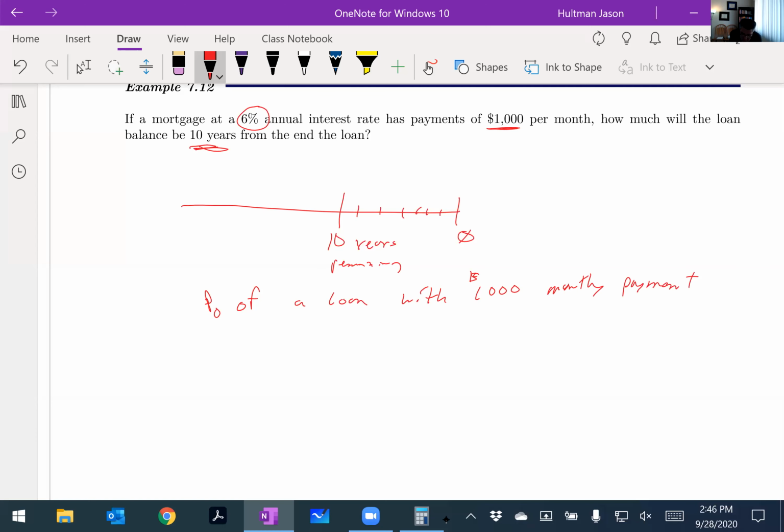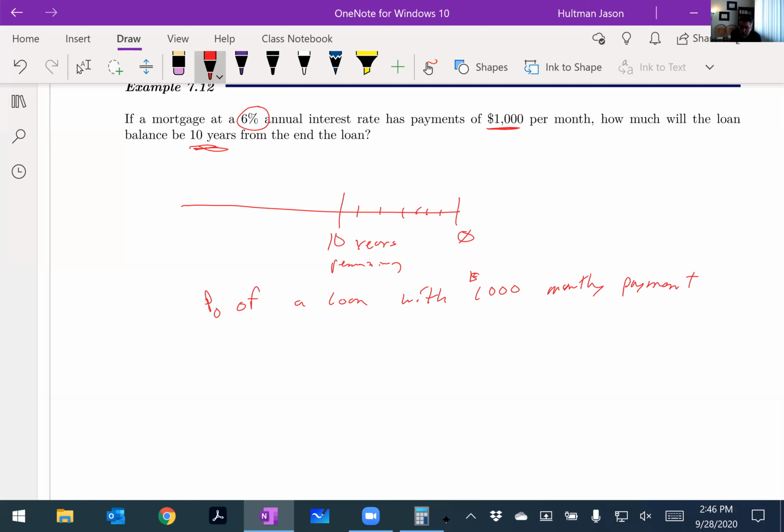We don't care how much has been paid off so far. We just want to know how much is left when I have a $1,000 payment that I'm paying a month, for 10 more years.